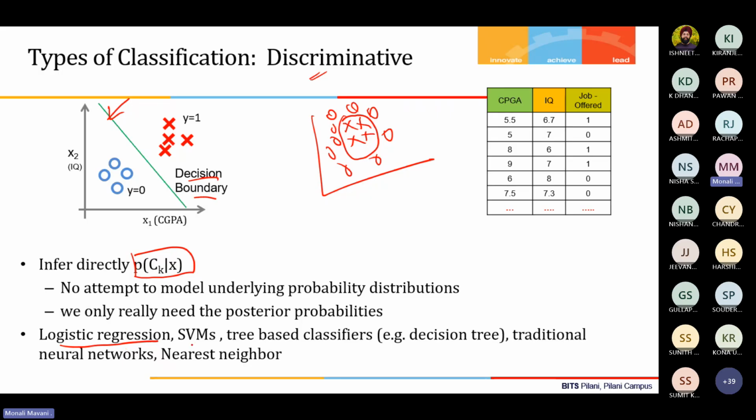Other classifiers like SVM, decision tree, nearest neighbor, neural network, etc., are also discriminative classifiers because they give us a decision boundary. So any algorithm which can give us a decision boundary that discriminates between class 1 and class 0 falls under discriminative classifiers.